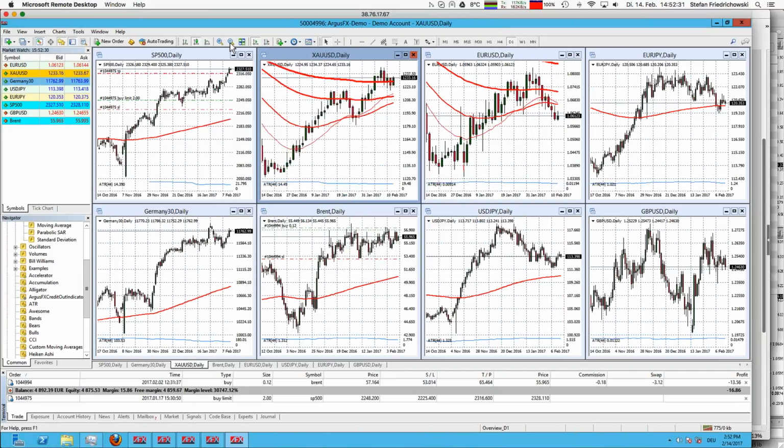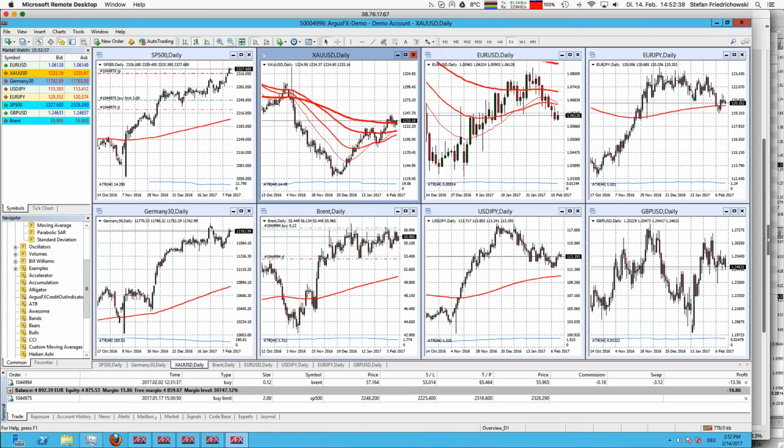Oh, I did the zooming not right, so it's still looking like this one here. Let me make the chart big. Then we have a good overview of that kind of trading setup.